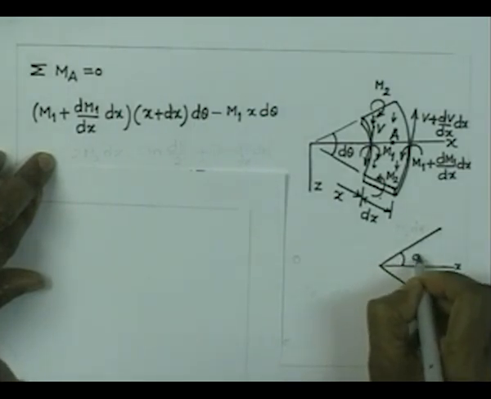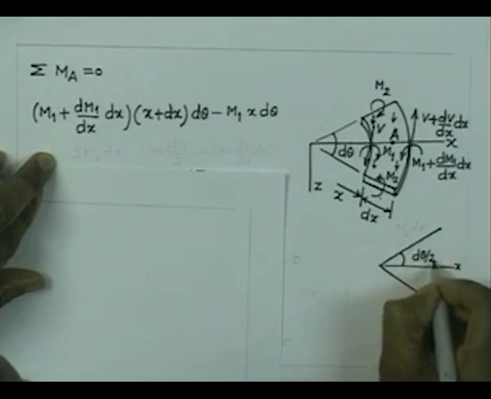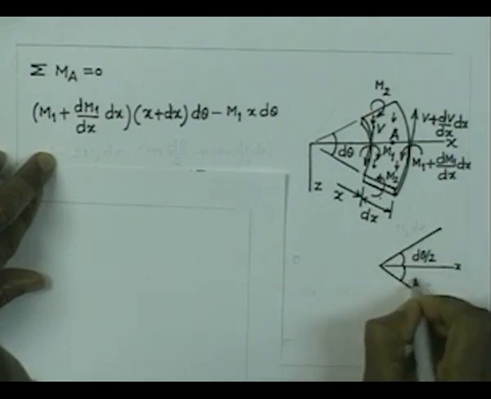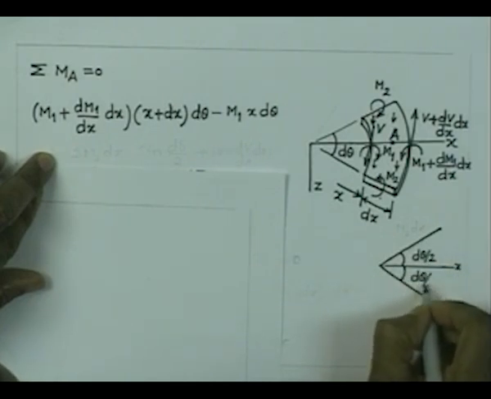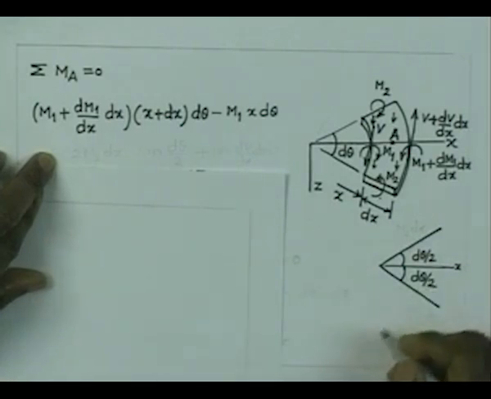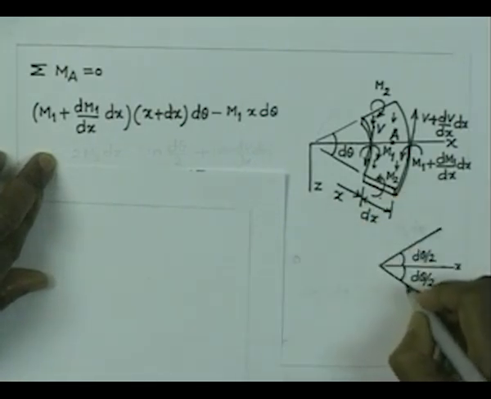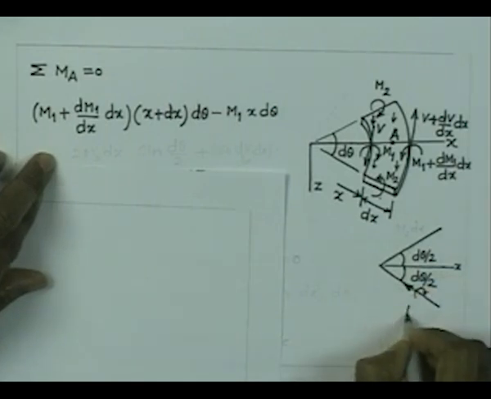This angle is d theta by 2, this is also d theta by 2. This m2 we can show as a moment vector like this. So, this is the moment vector, and therefore, this is m2 into dx, the total moment vector.